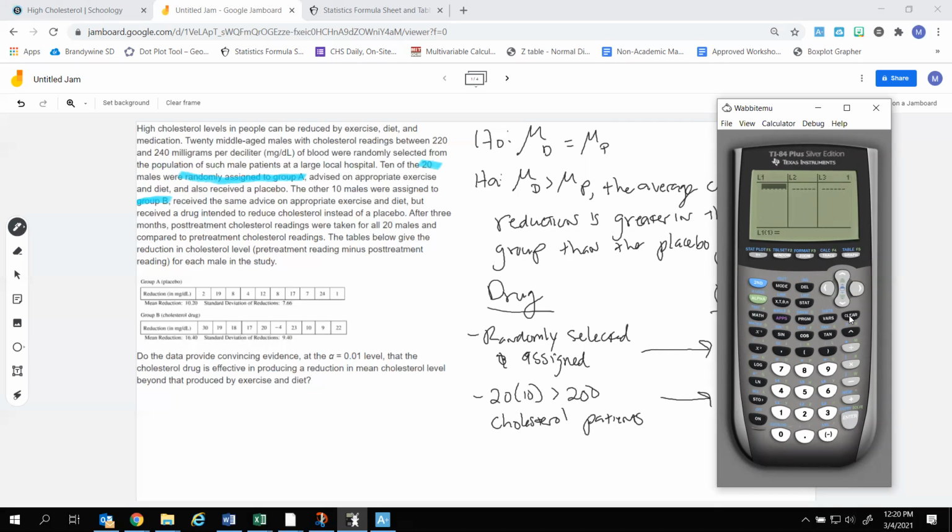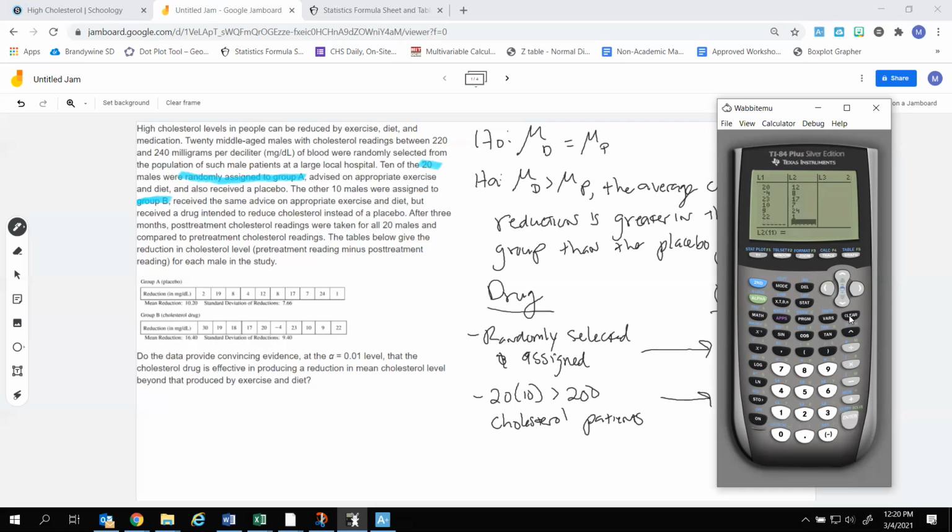I always want to put the larger values in list one. In this case, we're checking to see if the drug group has a larger mean reduction, so we'll put the drug group into list one. And then for list two, we got 2, 19, 8, 4, 8, 17, 7, 24, and 1.